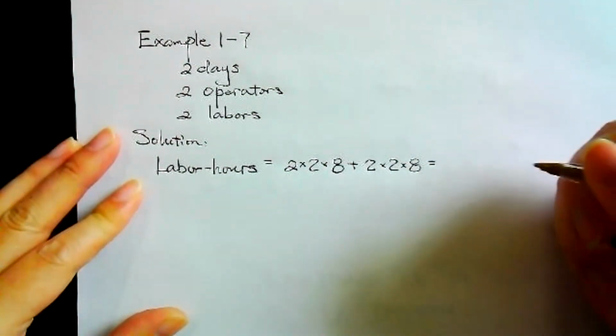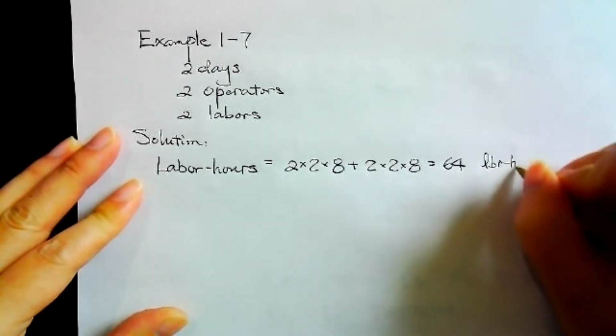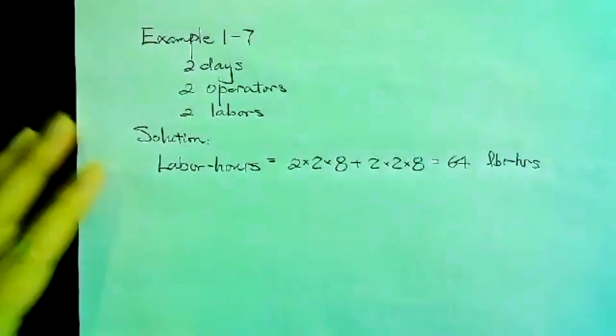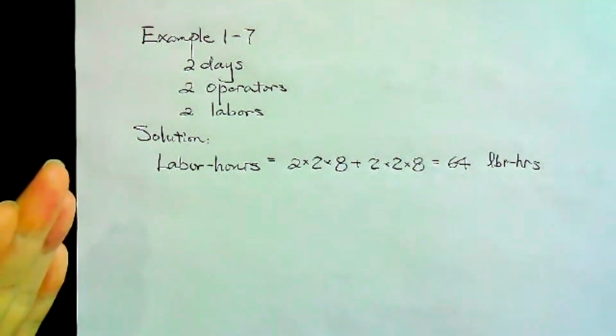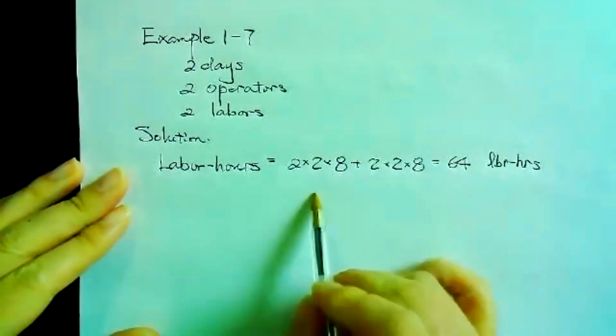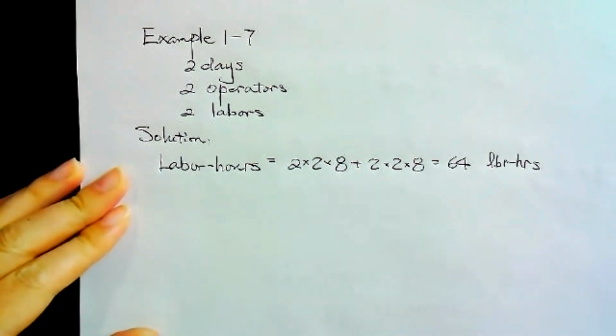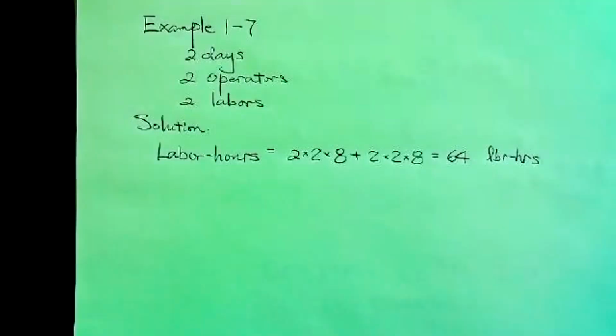So the total gives us 64 labor hours. That's the total resource needed. If we want to know the operators' labor hours or the laborers' labor hours, we can separate that calculation: 32 here, 32 here. So 32 operator labor hours, 32 laborer labor hours. You can ask Primavera to calculate anything for you, for any activity, and to summarize any WBS as well.